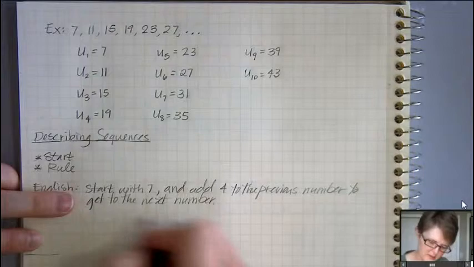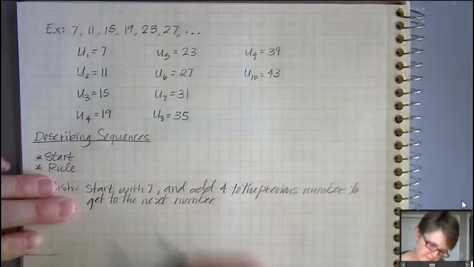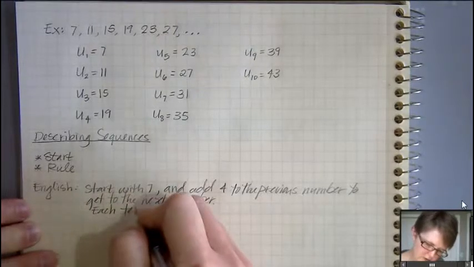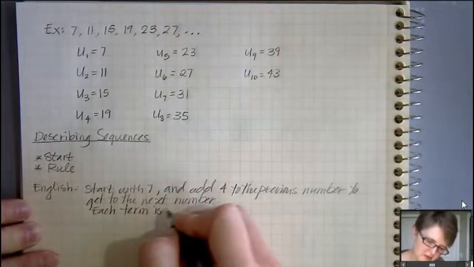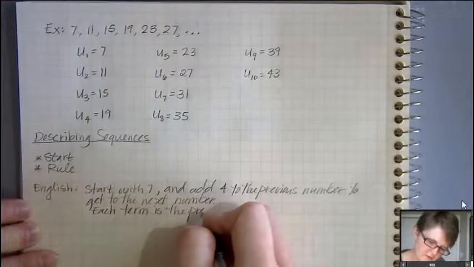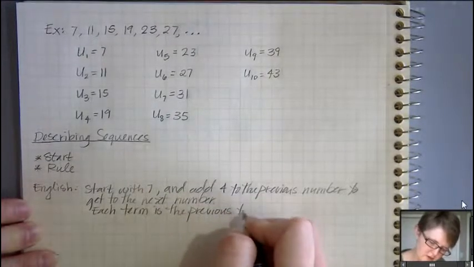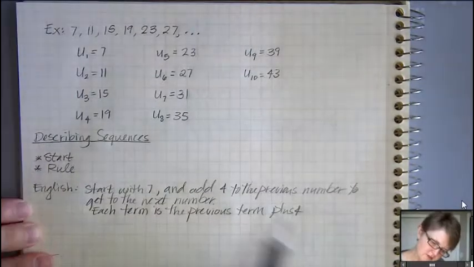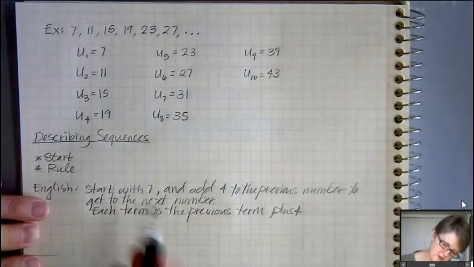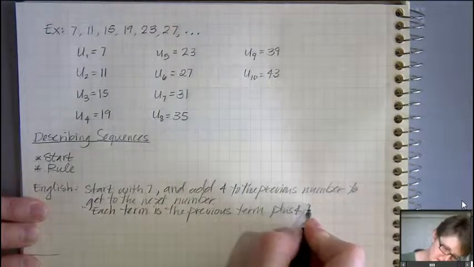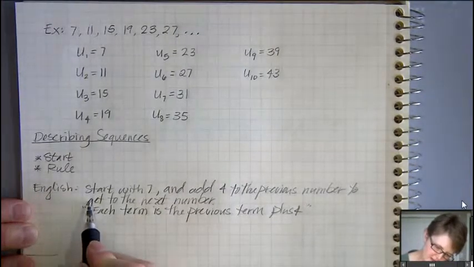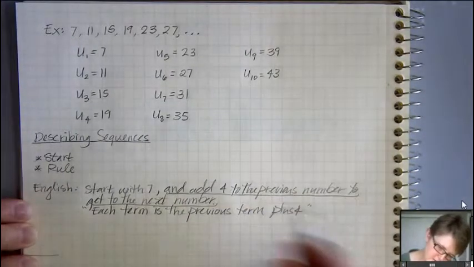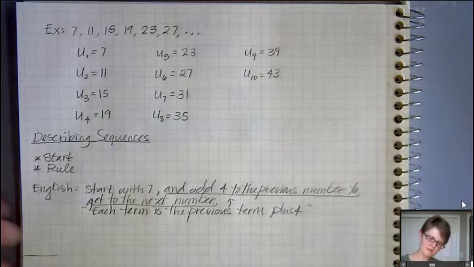I'm going to say each term is the previous term plus 4. So I'm going to use this in place of this right here. Okay, so each term is the previous term plus 4.